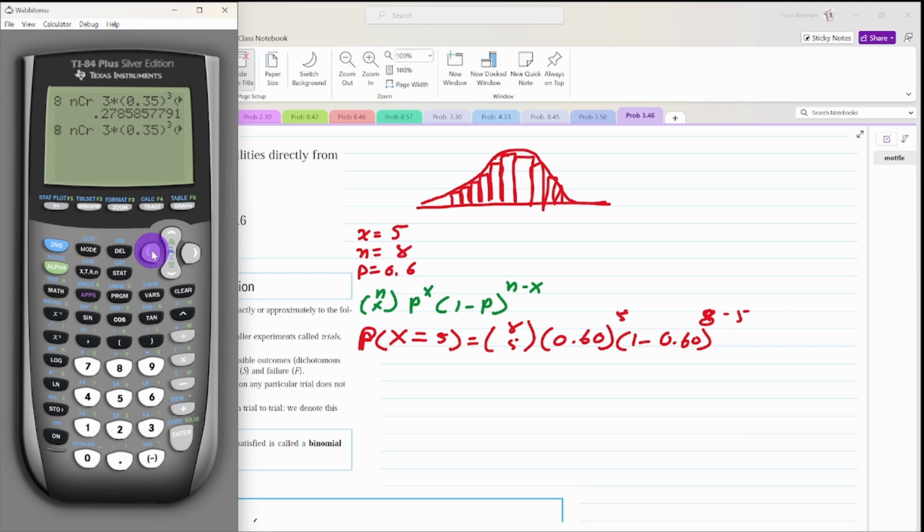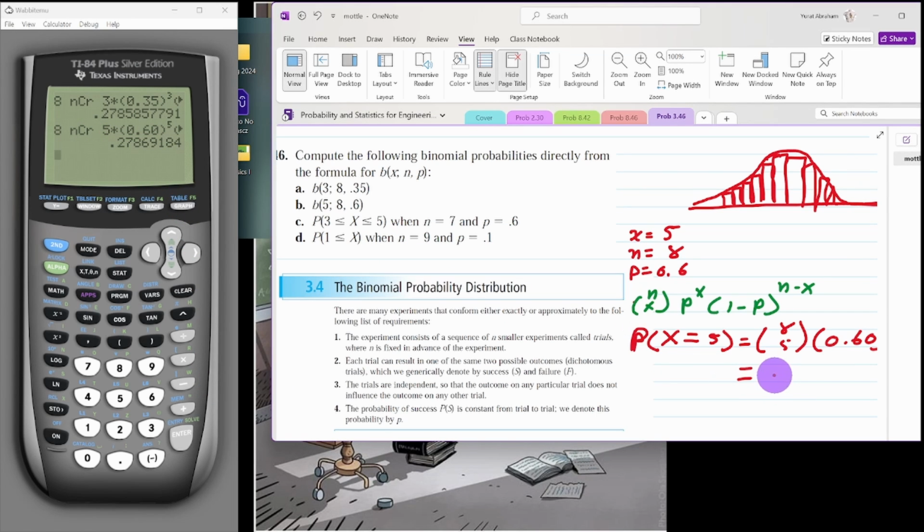To not get confused, I'll go all the way to the beginning and work myself to the right. So the 8 stays the same, that's the n. x is 5 for this problem. p is 0.60 raised to the power of 5. Alright guys, and here goes our answer, right down here.